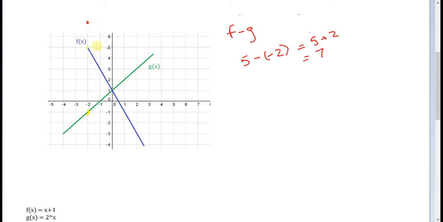I don't need to put every single little point. I'm just going to do the ones that are easy to read off of the graph. So let's do x equals negative 1, which is exactly the next one anyway. So 3 minus negative 1 is equal to 3 plus 1 is equal to 4. At x equals 0, we have 1 minus 1 is 0.